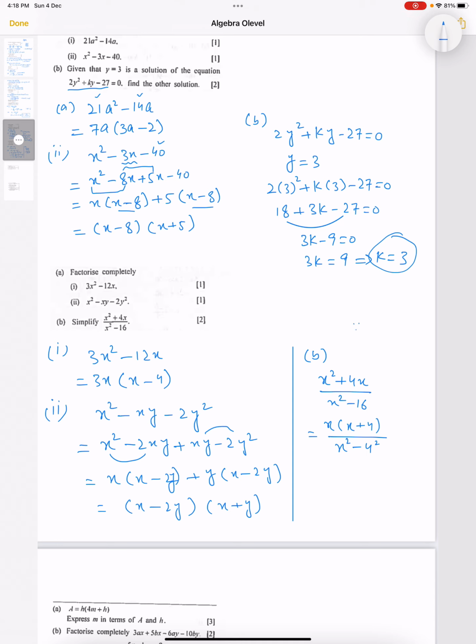Again, we will use this identity, a square minus b square, which is (a minus b)(a plus b). So we have x times (x plus 4) over (x minus 4)(x plus 4). The (x plus 4) bracket will be cancelled out with (x plus 4). So we have x over (x minus 4), which is the answer. Right?